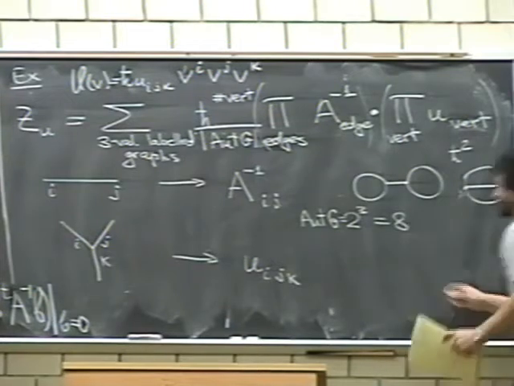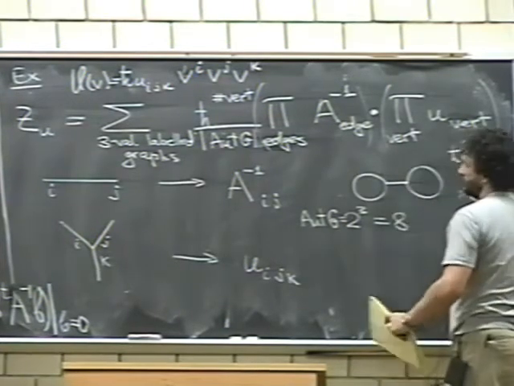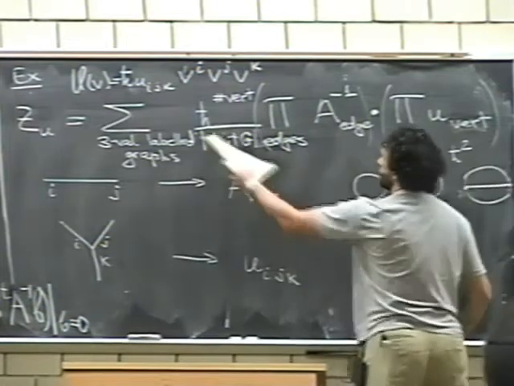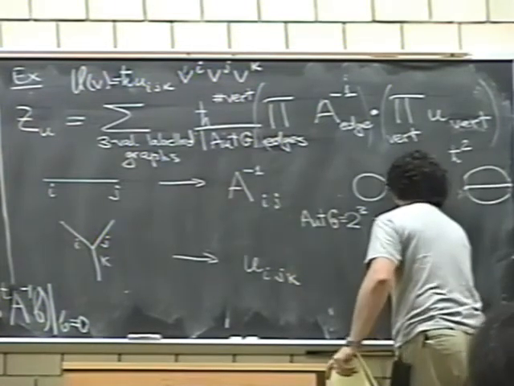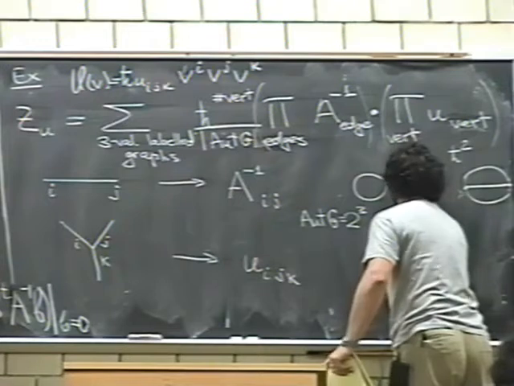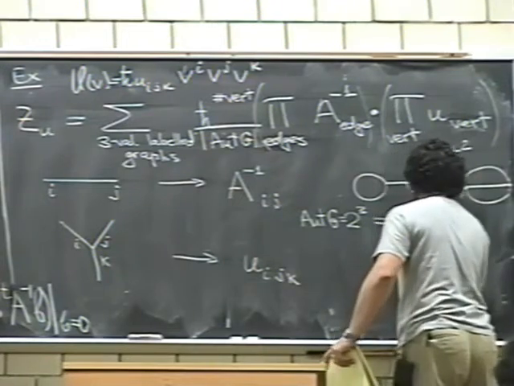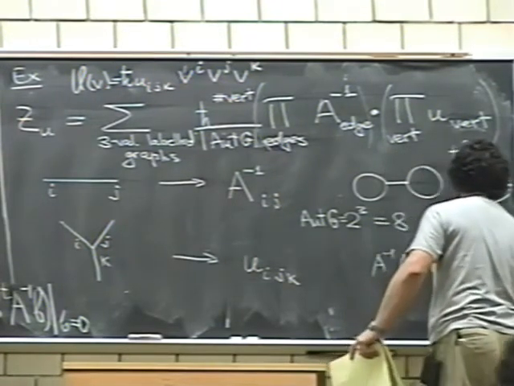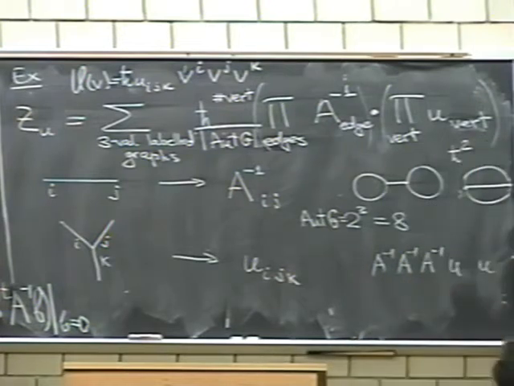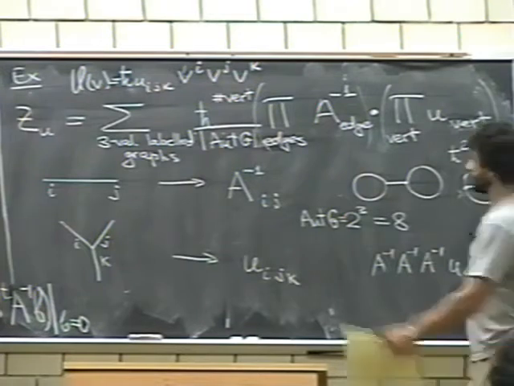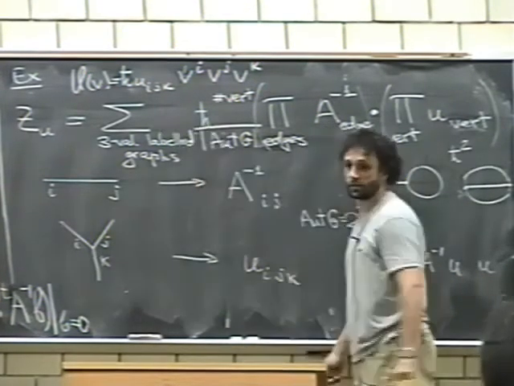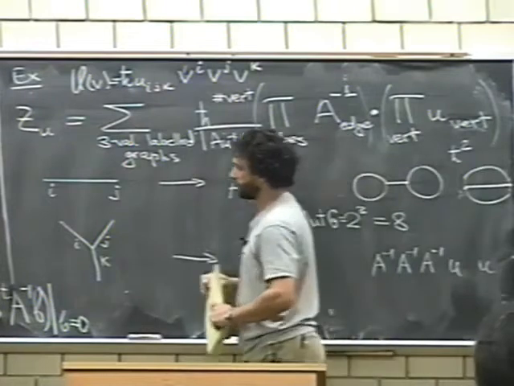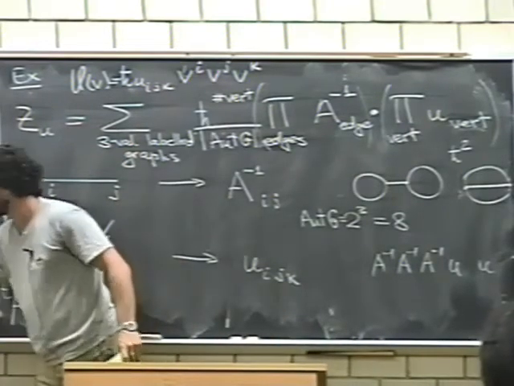So for each of these graphs, the term corresponding to it will be something like A inverse, A inverse, U, U, of this sort. And then these indices you put as I explained last time. These are power series in h. It happens because here I should have the exponent of the series.